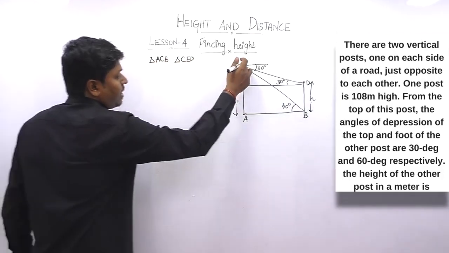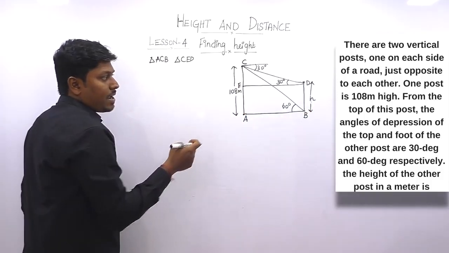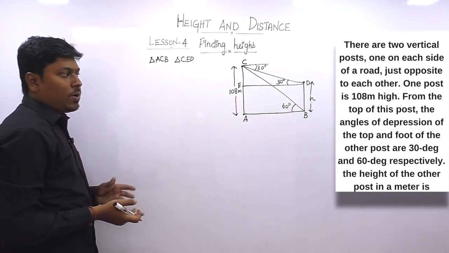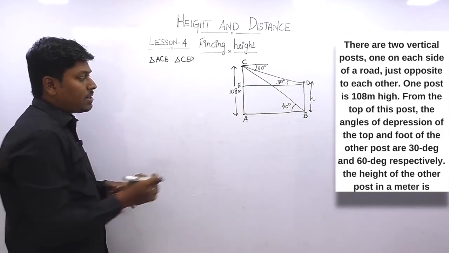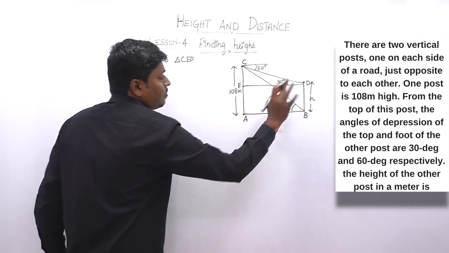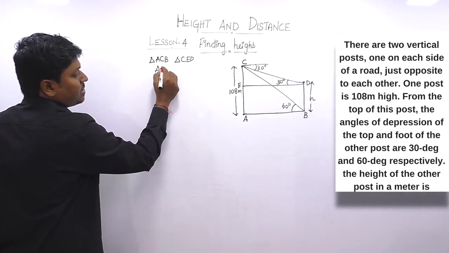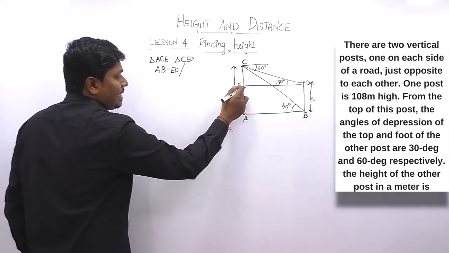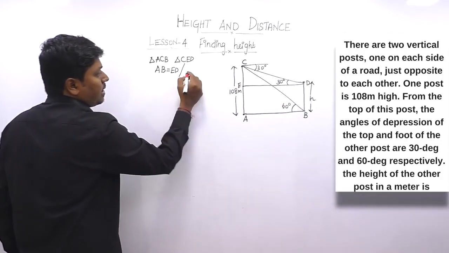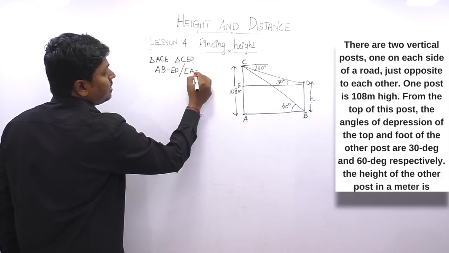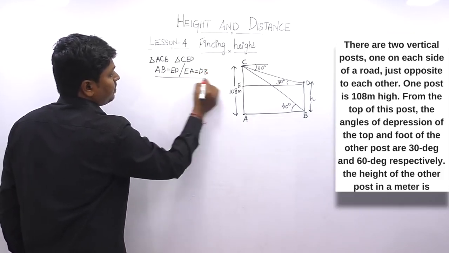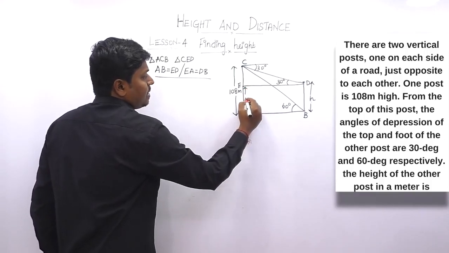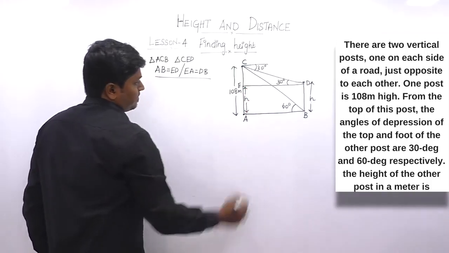Also you need to observe one note: AB and ED are both equal distances, so AB is equal to ED. Similarly, EA and DB are both equal. We already know that DB is H, so EA will also be H.